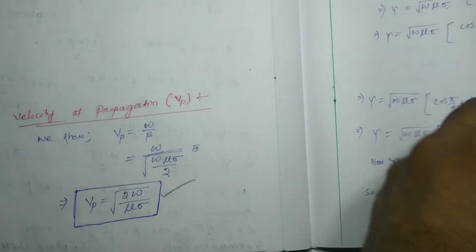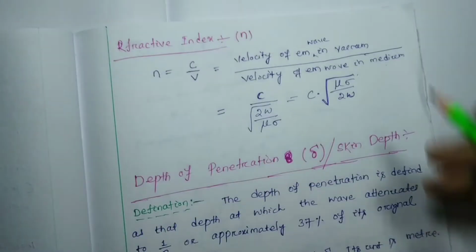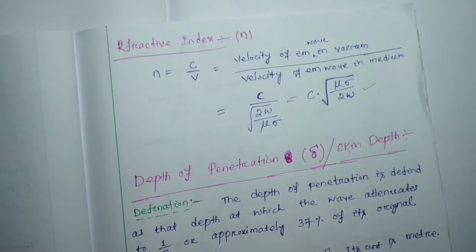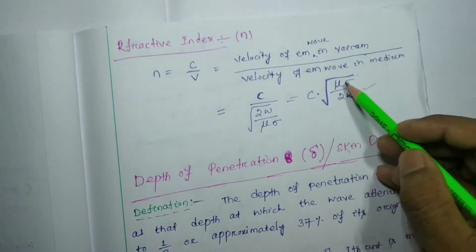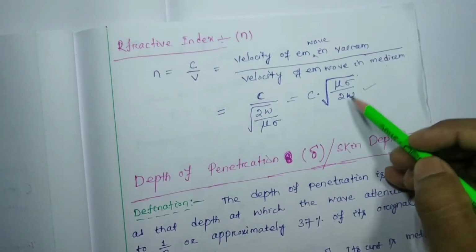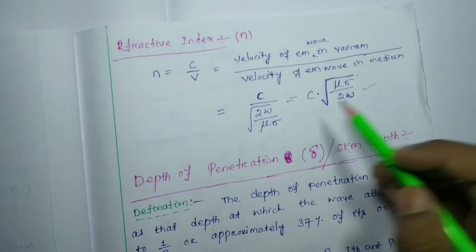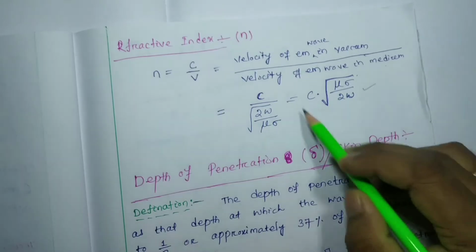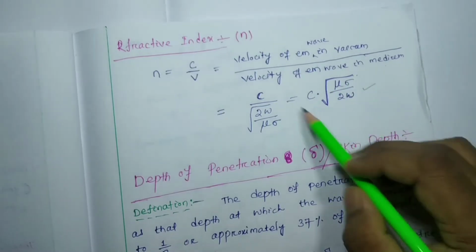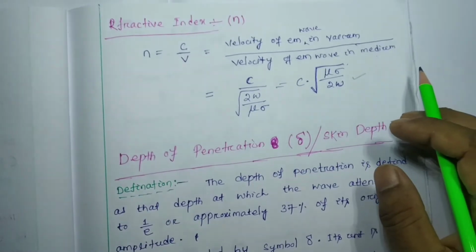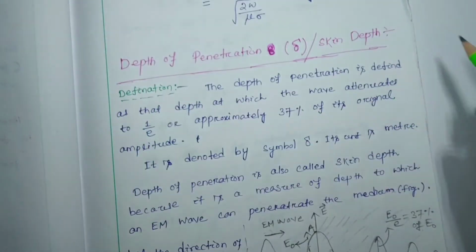Then the refractive index of a conducting medium is c into the square root of mu sigma by 2 omega, where omega is the angular velocity with which the electromagnetic wave is propagating in that conducting medium. Just remember these terms, as they will help you to solve the numericals.